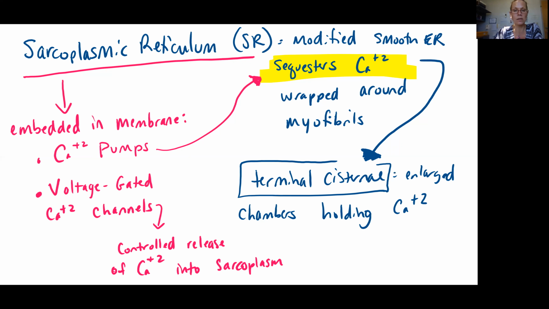Voltage-gated tells us that it's a change of charge. It's that electrical signal that's going to activate or open these channels. Once we get the electrical signal to the SR, those voltage-gated calcium channels open, and the calcium is then released into the sarcoplasm of the muscle fiber.